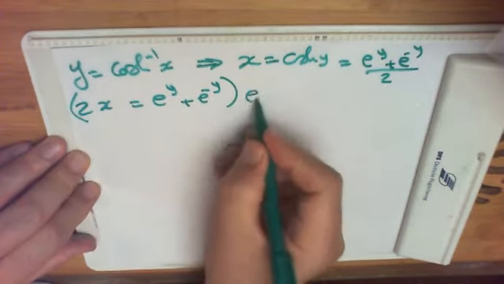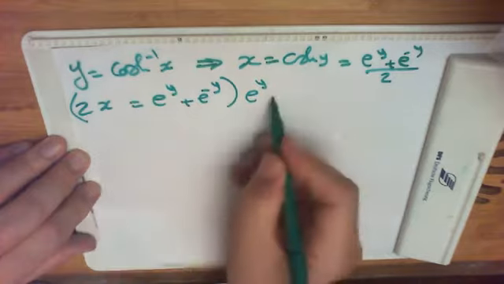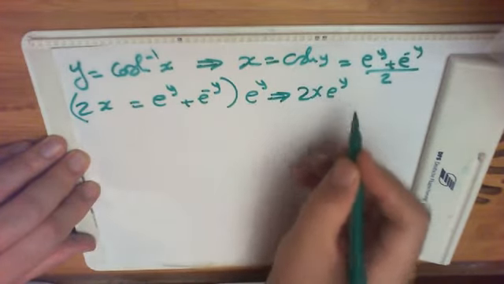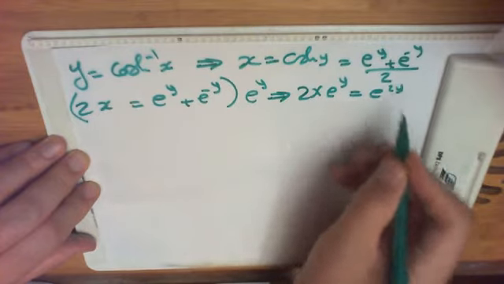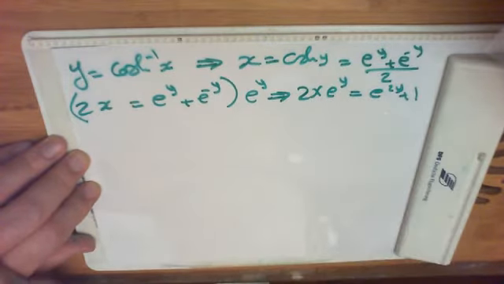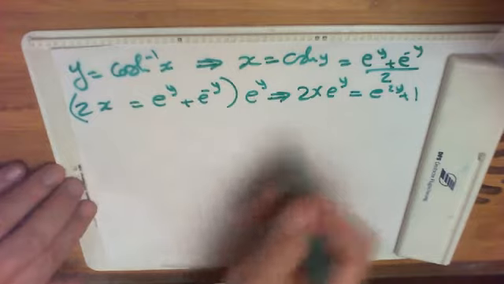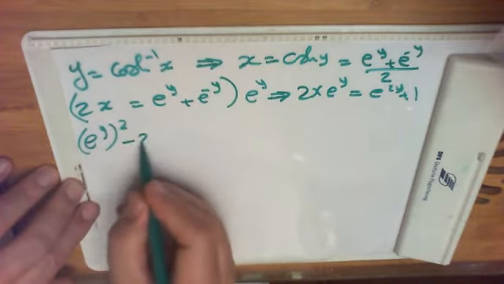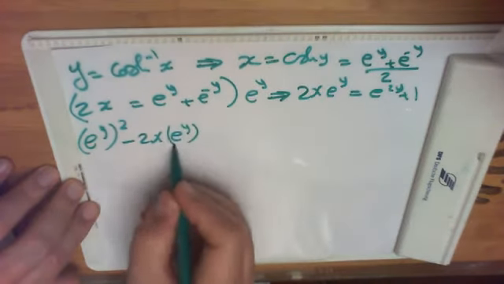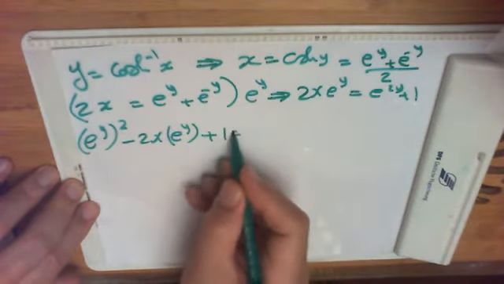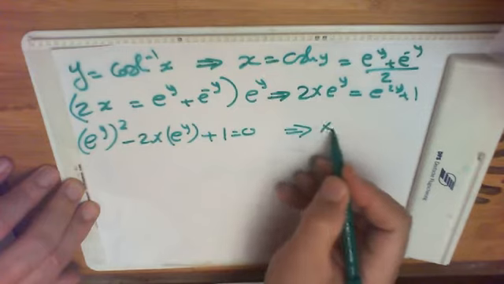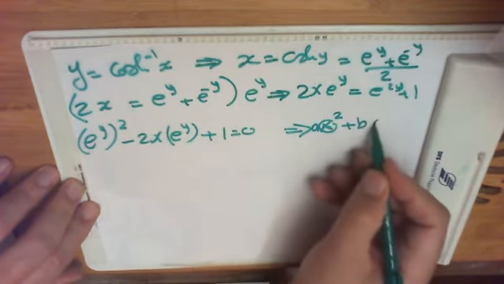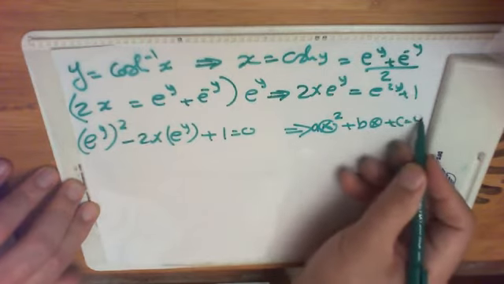Multiply both sides by e to y. Same procedure. So 2x times e to y equals e to 2y plus 1. On one side we have e to y all squared minus 2x e to y plus 1 equals 0. Quadratic form.